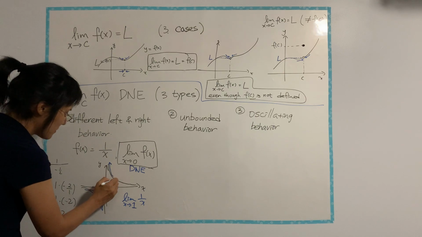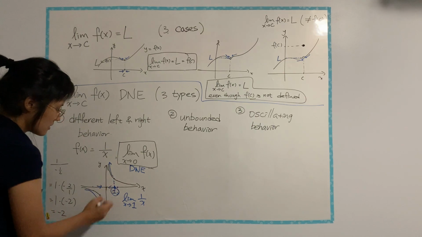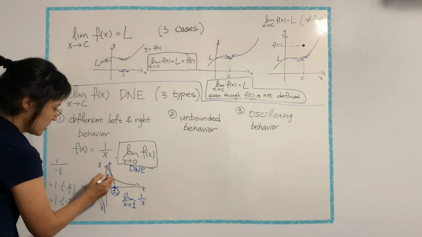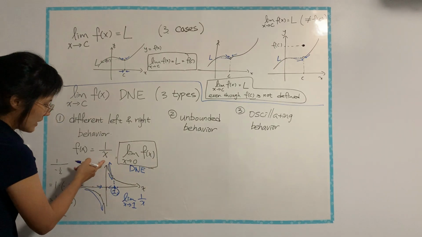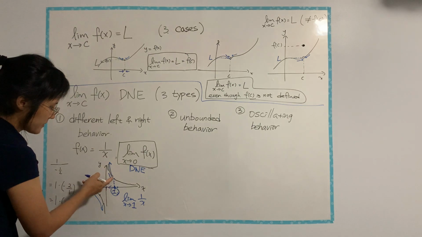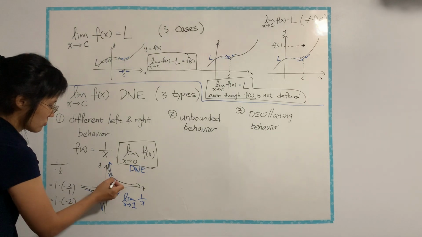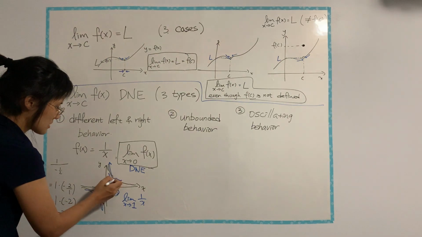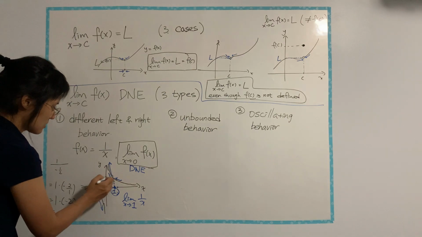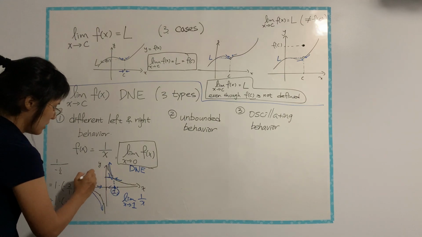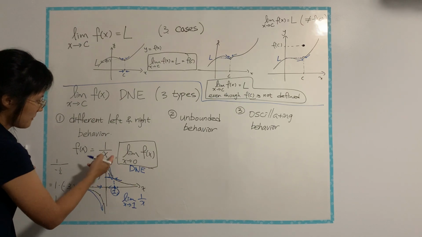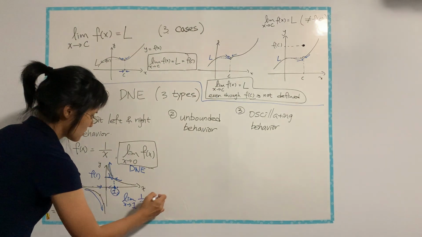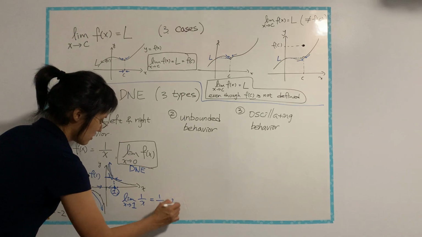If I'm looking at the neighbors around 1, you can see that the function values approaching from the left hand side of 1 go to 1, and the right hand side also goes here. They meet at where f of 1 is. You plug 1 into the function, this is 1 over 1, so the answer is 1.